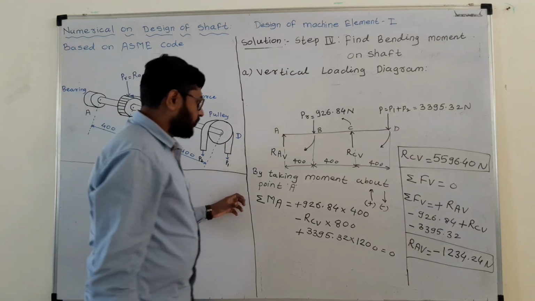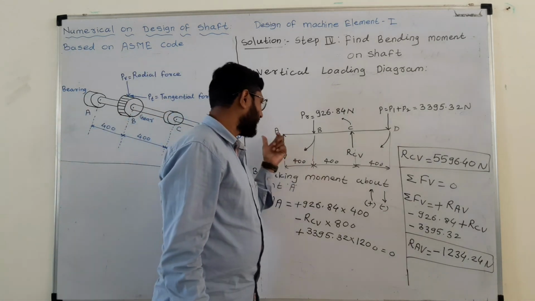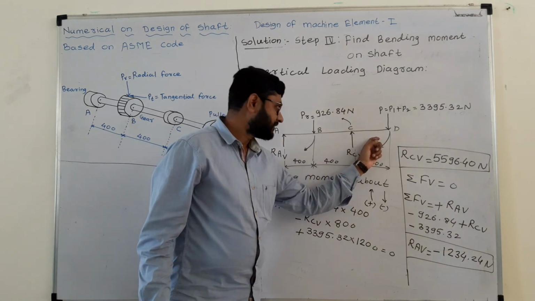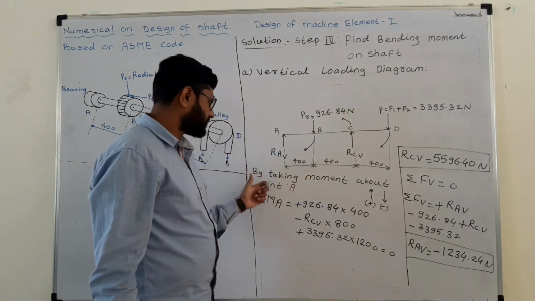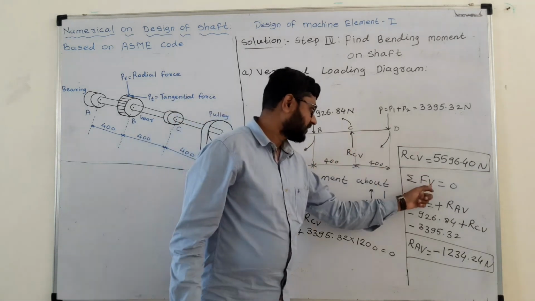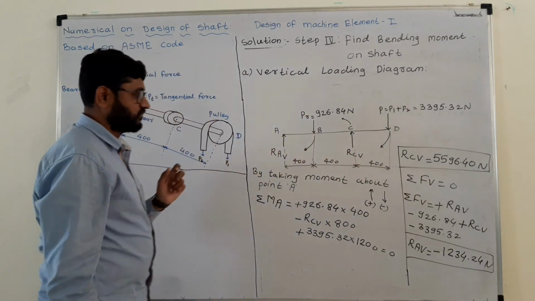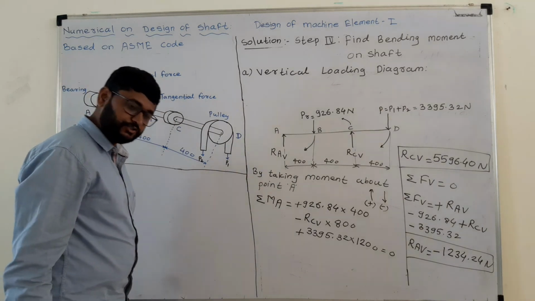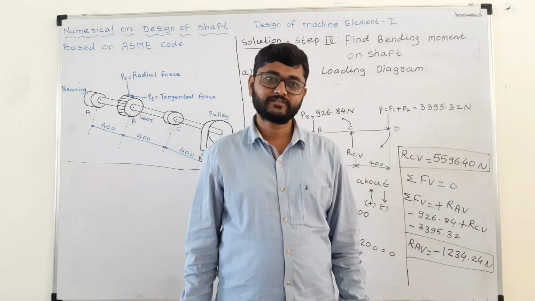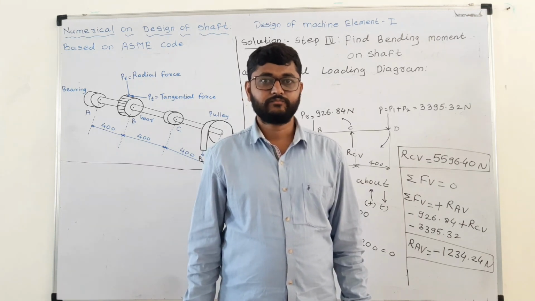So up till now, we have found the reactions at point A and point C by taking moment about point A and by considering summation of all vertical forces equal to 0. The remaining part of this numerical we will discuss in the next lecture. Thank you.